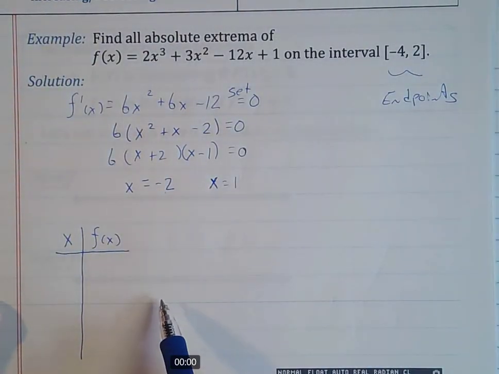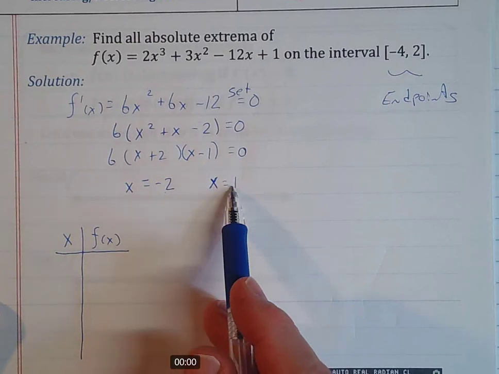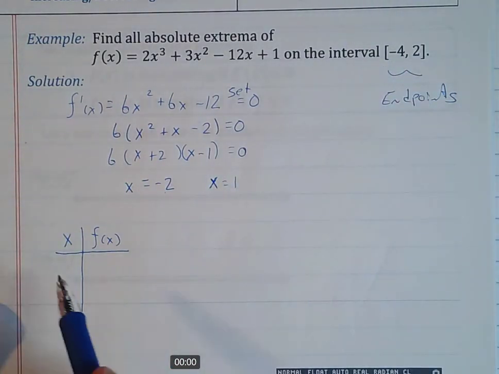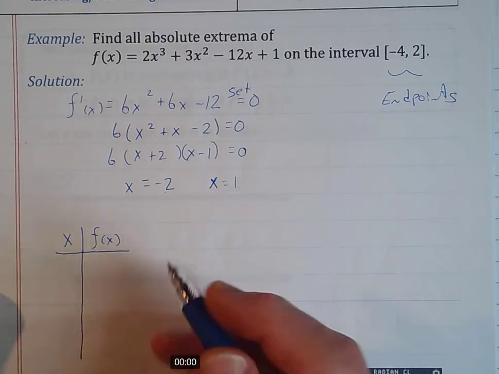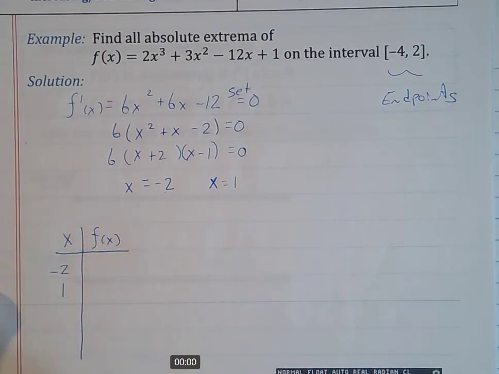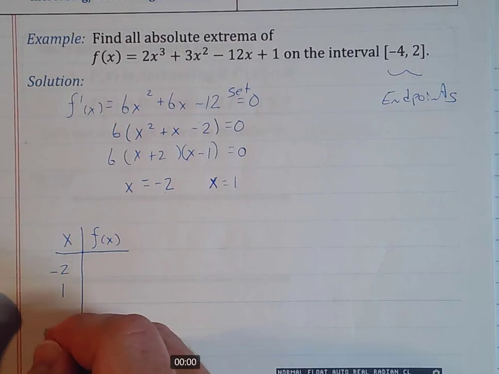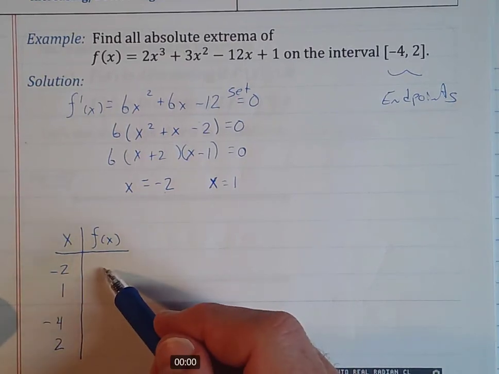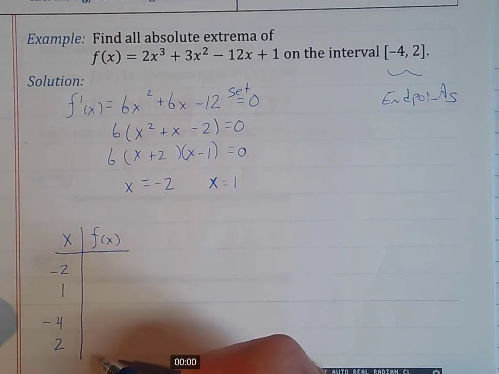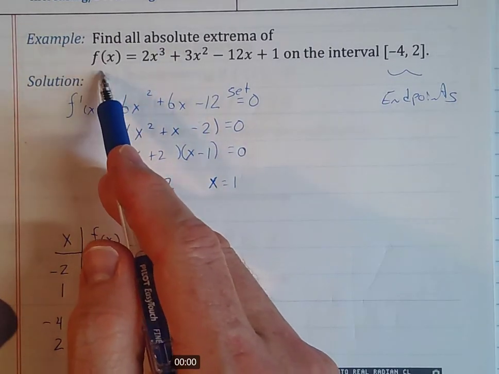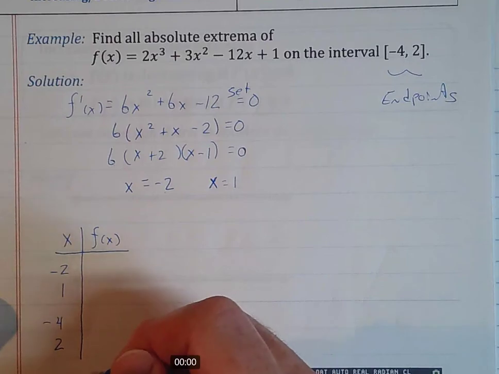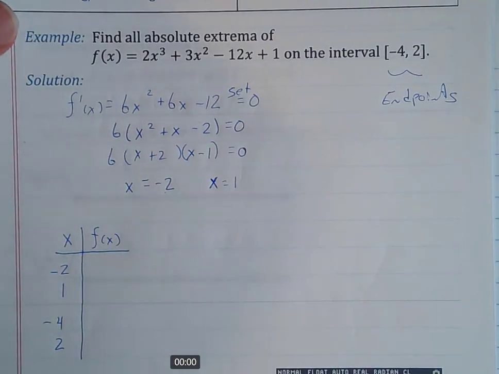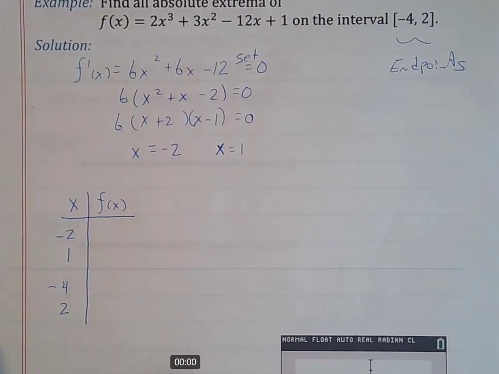So the numbers we're interested in are negative 2, positive 1, negative 4, positive 2, and so those are my x values over here. Negative 2, positive 1, those are the critical numbers. Negative 4, positive 2, those came from the endpoints. And all I've got to do now is look at the y value. Remember, the y value comes from the original function. And I'll compare that, see which one's the highest, which one's the lowest, and that'll give me my absolute extrema.